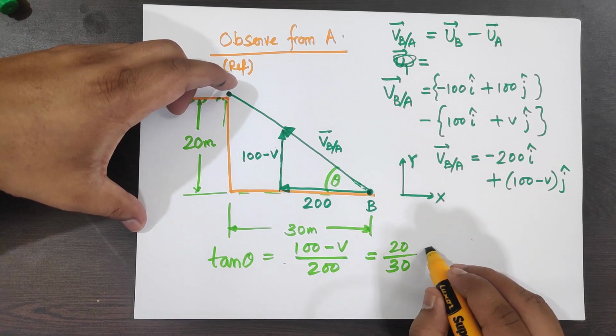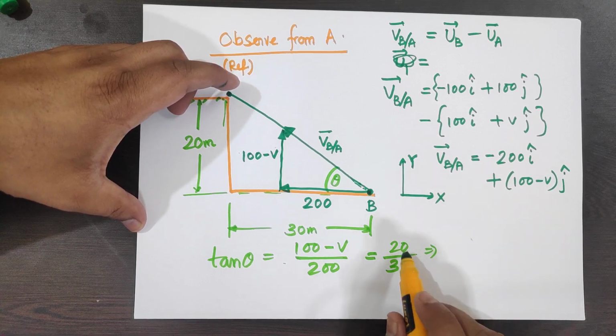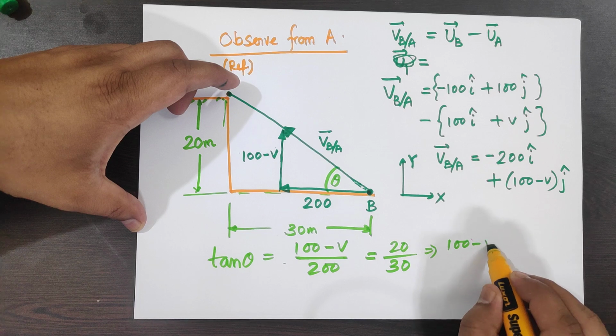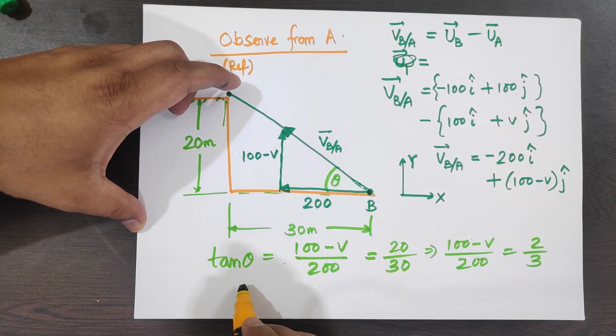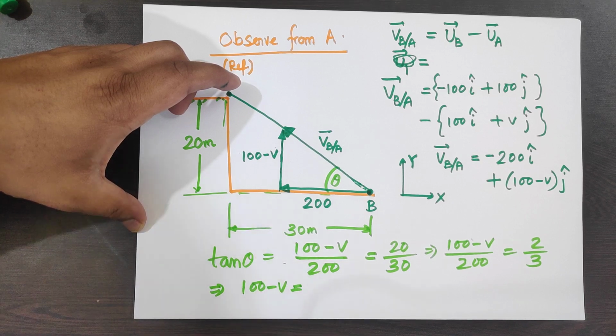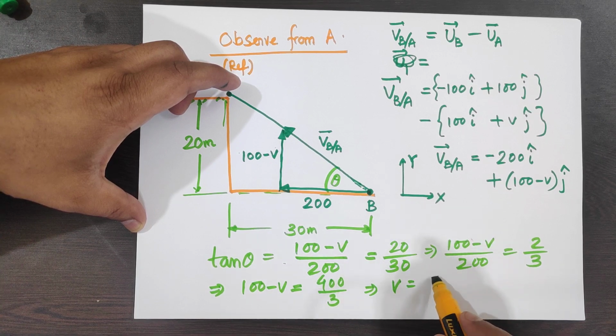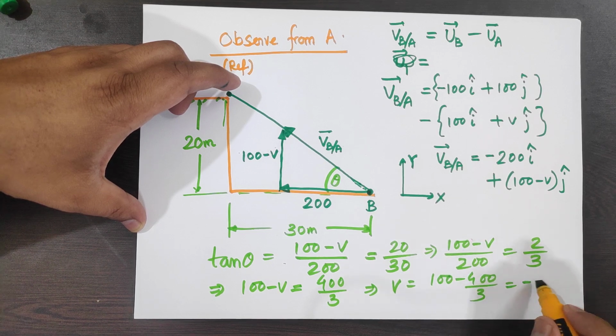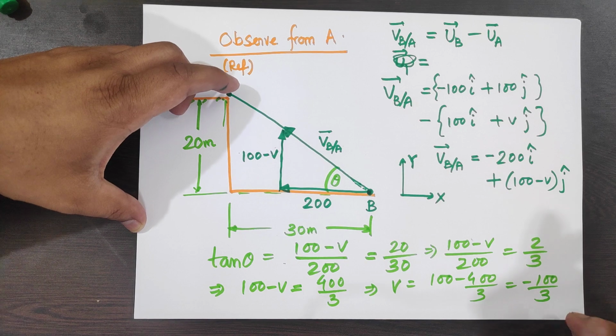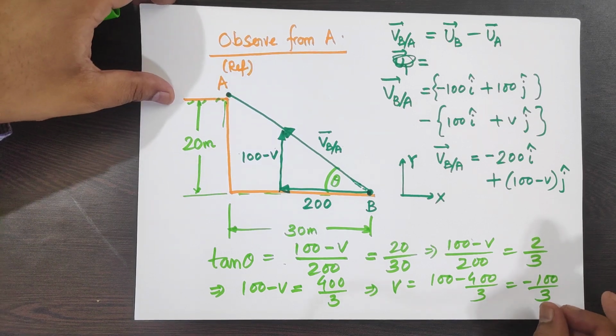So let's solve V from here. So that becomes 100 minus V by 200 equal to 2 by 3, implies 100 minus V equal to 400 by 3, implies V equal to 100 minus 400 by 3, that's minus 100 by 3. So V should be minus 100 by 3.